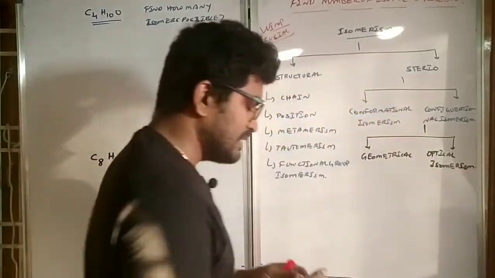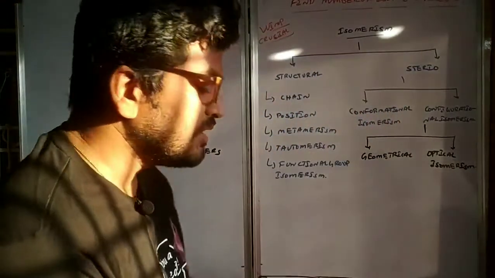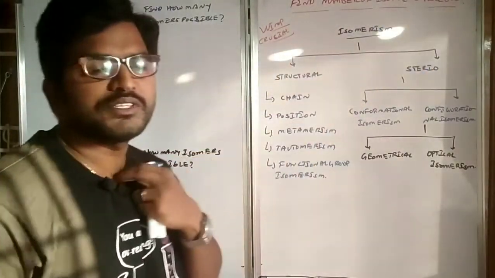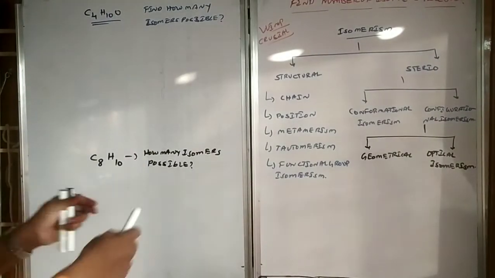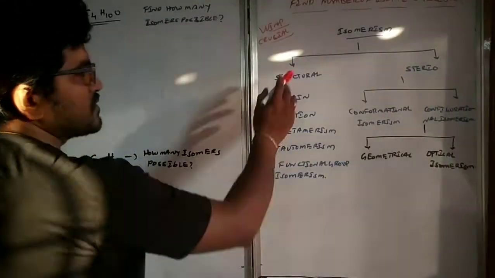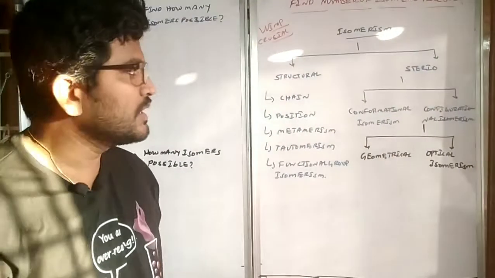I will explain everything in detail in separate videos, but let me brief the things here. Whenever they ask you to find the number of isomers possible for any compound, first you should have an idea of what isomerism is and how many types of isomers are possible. Basically isomerism is structural isomerism and stereoisomerism.